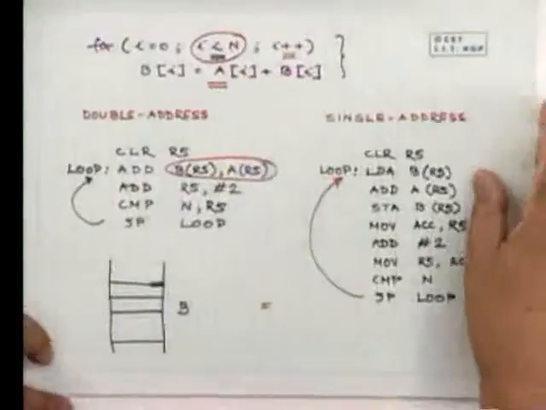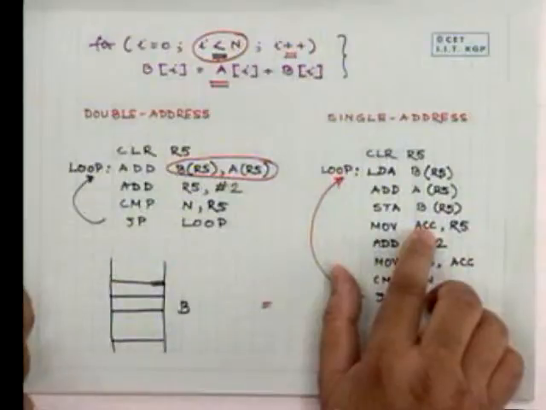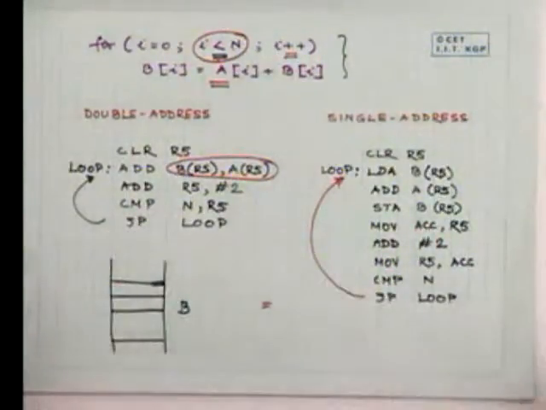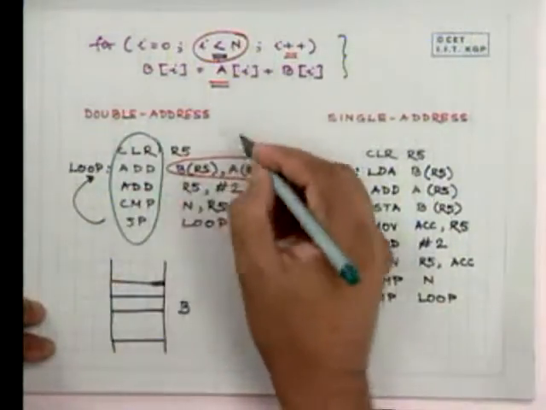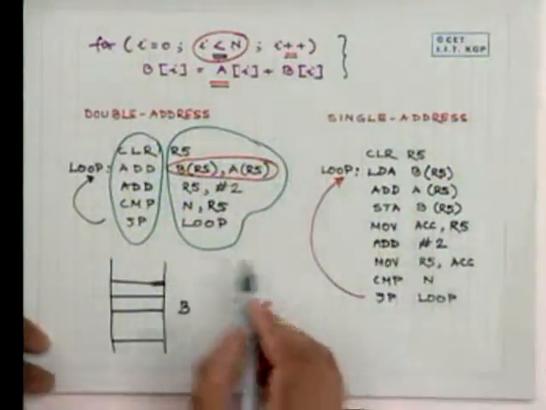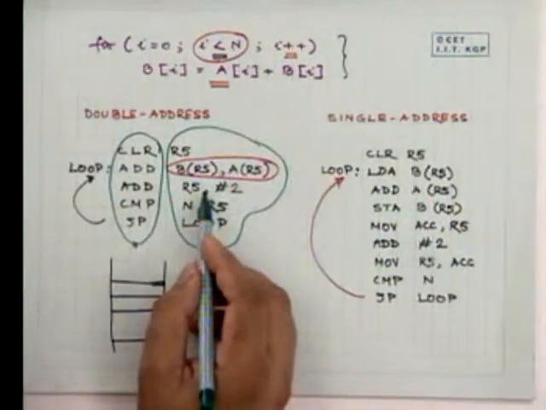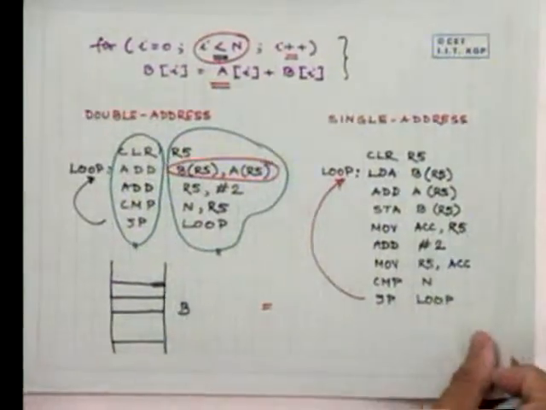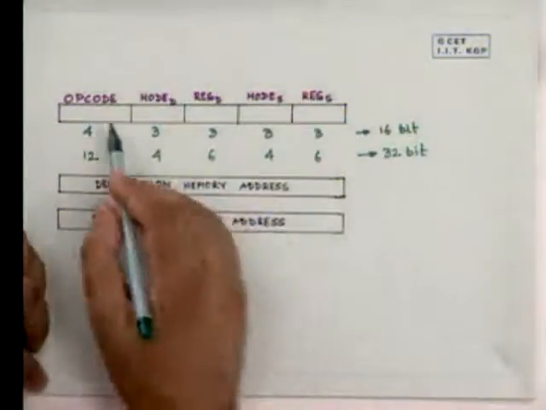The example that we have given earlier, the assembly language code for a double address and the assembly language code for a single address, where we have specified the instructions here and the addresses of the operands here. If we can dissociate these two, and anyone can be used with anyone, in that case we call it an orthogonal instruction set. And in such cases, a possible instruction format can be like this.